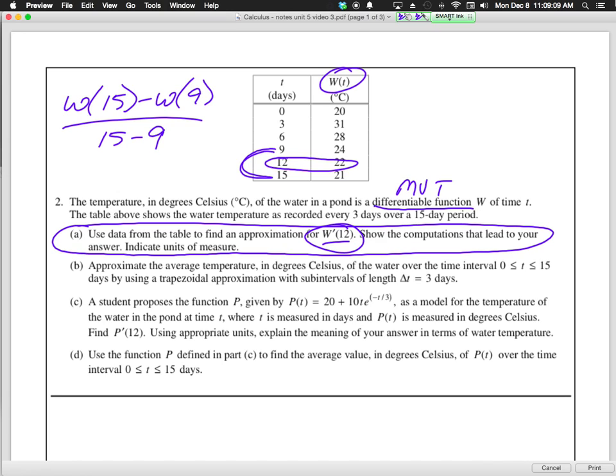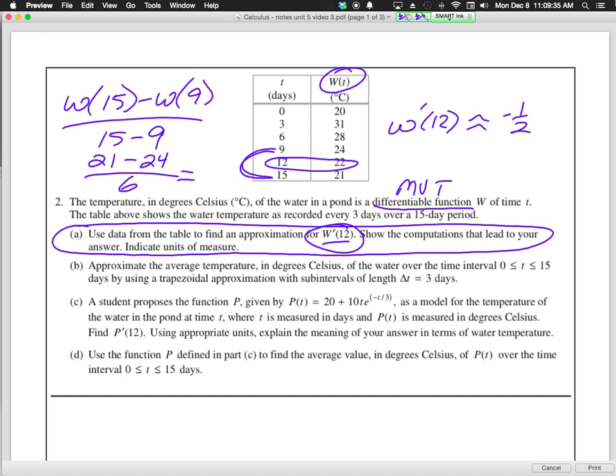So W of 15 is what? 21. W of 9 is 24, and 15 minus 9 gives me 6. So we end up with negative 3 over 6, which is negative 1/2. So I'm going to say W prime of 12 is approximately negative 1/2.